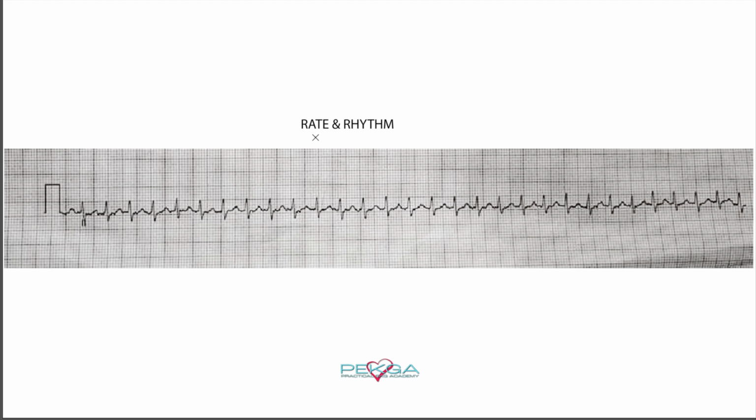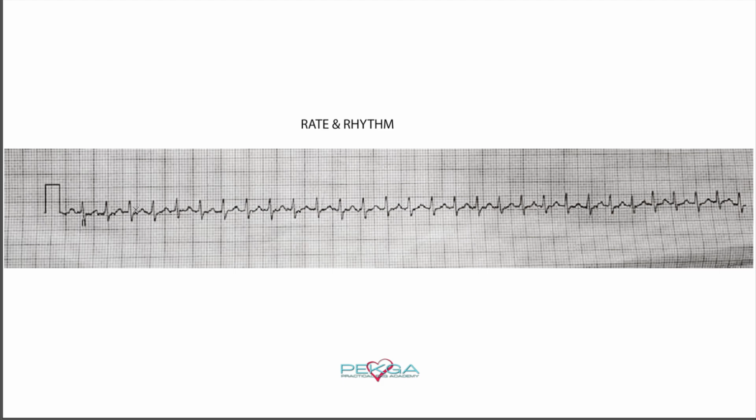Because you could have atrial and ventricular rates. And your rhythm, it gets tricky. For some of you that have seen several of these Pekga videos, you know that the rhythm can be a tricky topic to cover, to pull off of a single channel. So let's get into it.